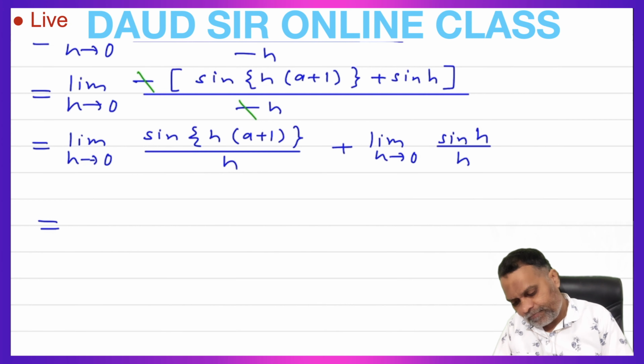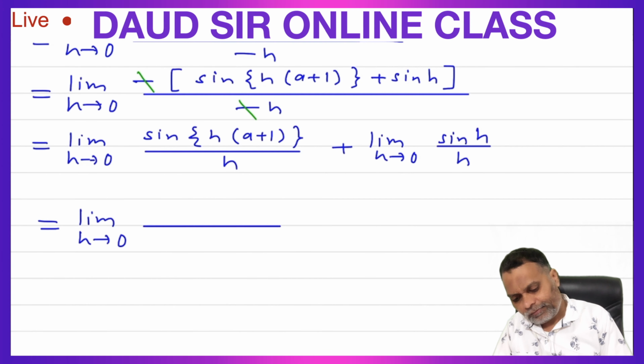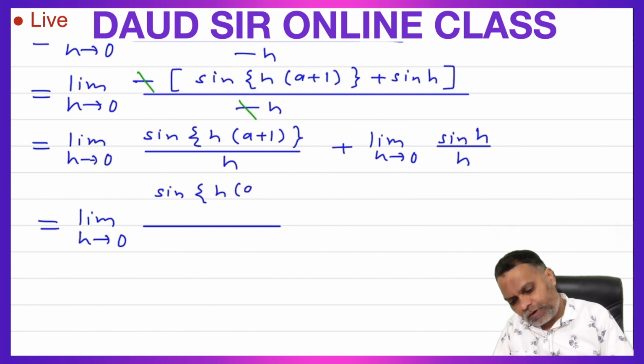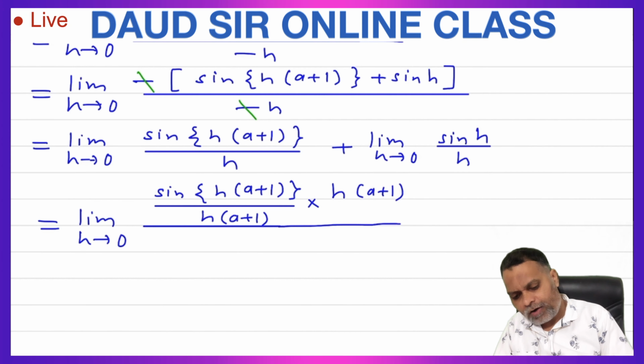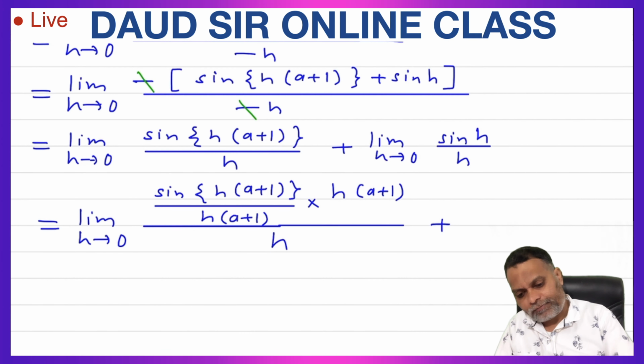So this is limit h tends to 0 of sin h into a plus 1 divided by this same h into a plus 1, and multiply by this h into a plus 1 upon h, plus this is 1.